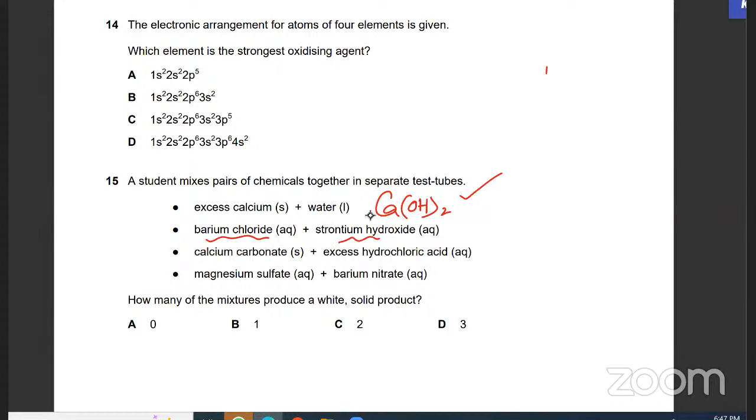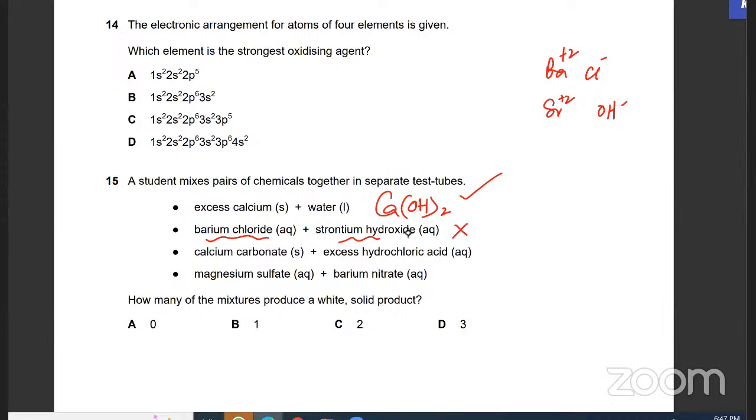No, because barium chloride is soluble, and strontium hydroxide is aqueous. He's already told us that it's aqueous, so that means it's soluble. The ions would randomly combine, but nothing insoluble forms. Barium hydroxide is also soluble. Strontium chloride is also soluble. So no insoluble thing forming.